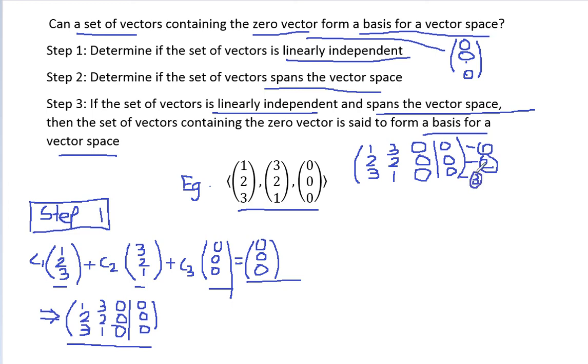We want to eliminate, using the first row, the entries in the first column in the second and third rows. So we get minus 2 times row 1 plus row 2.